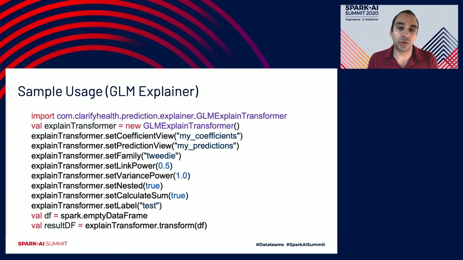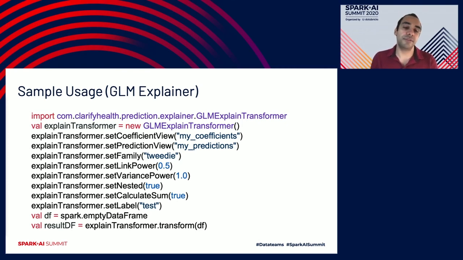You have to define the coefficients that you get from the model you have trained. You have your predictions, of course, and you give the prediction explainer transformer the family that you use for your GLM, Tweedie, Gamma, Poisson, or whatever it is, the link power, the variance power. These are the attributes of GLM.